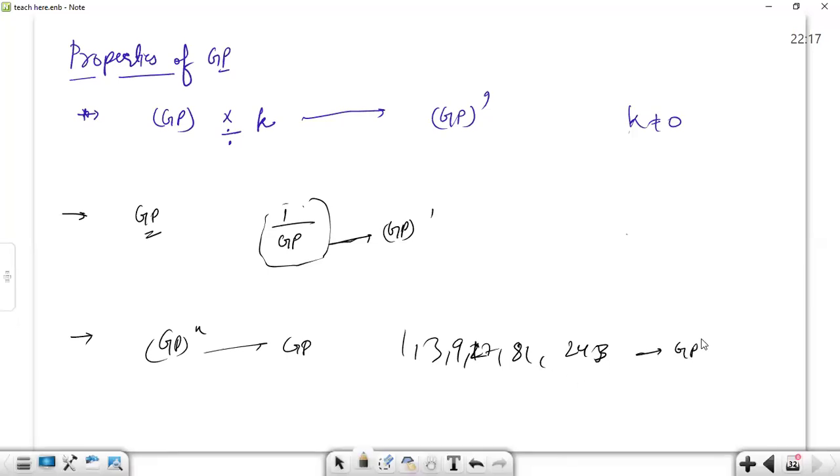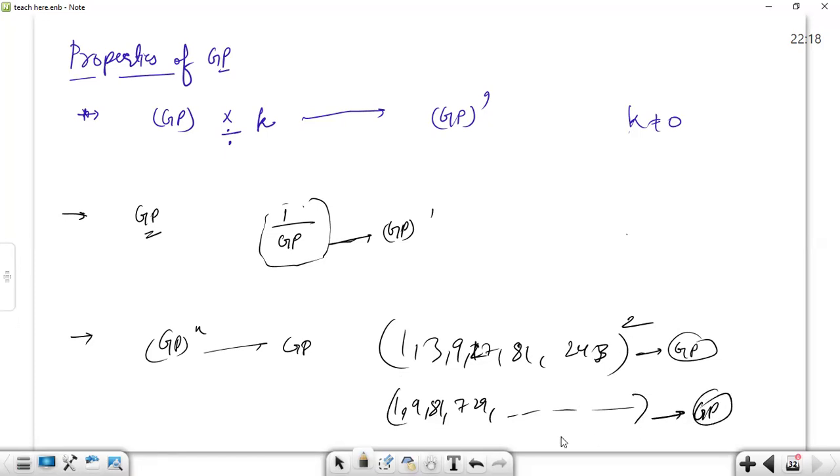If this is the GP and we take its square, then the new sequence that will be formed will also be a GP. The new sequence is going to be a GP with a different common ratio and first term, of course. Okay, clear? Any thoughts?